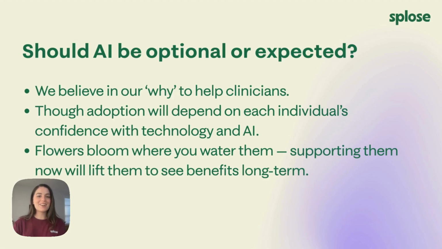I also love the saying, you catch more bees with honey. Basically what both of those mean is that if you support them to lift them up now, you'll allow them to see benefits long term. I think throwing down the card to make it seem like it's expected can be really harsh, especially when there is so much changing in the allied health space at the moment.